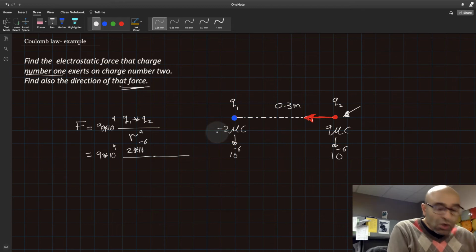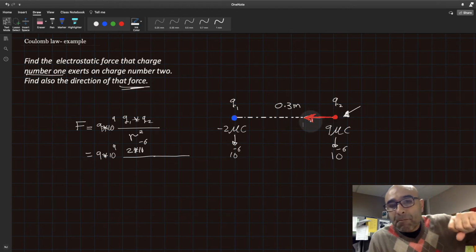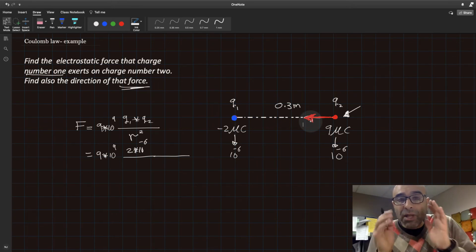Well, the minus here is just to indicate that this force is coming this way. So when you are plugging charges into Coulomb's force, you do not plug in the sign of the charge. You just plug in the magnitude.